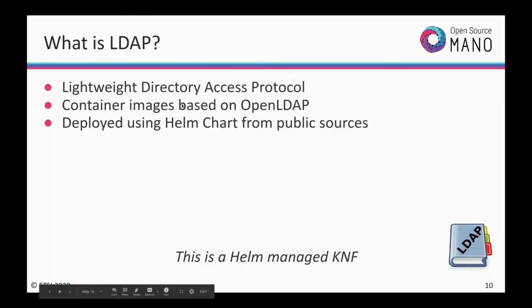These are container images that come right from upstream OpenLDAP, and they're going to be deployed using Helm charts. So OpenLDAP has published already its own set of Helm charts, just like the firewall has its own set of Ansible playbooks published. So we're just going to show how OSM can leverage Helm charts and be able to deploy software that way. So this is a Helm managed, what we call KNF.